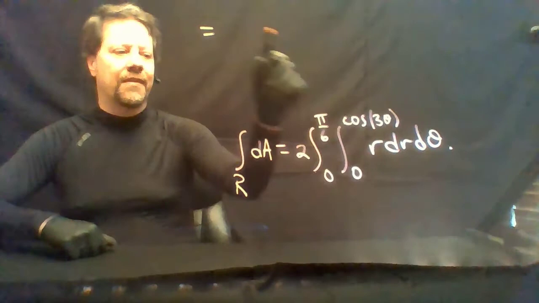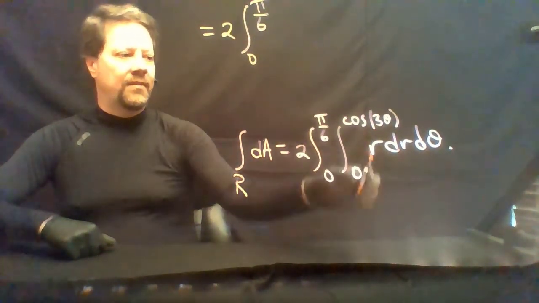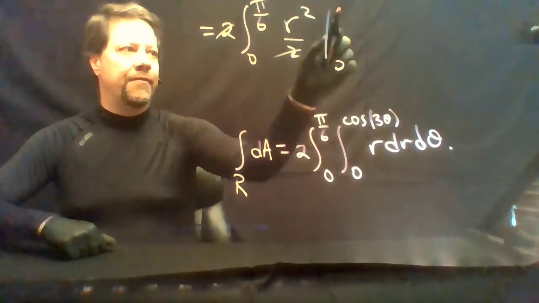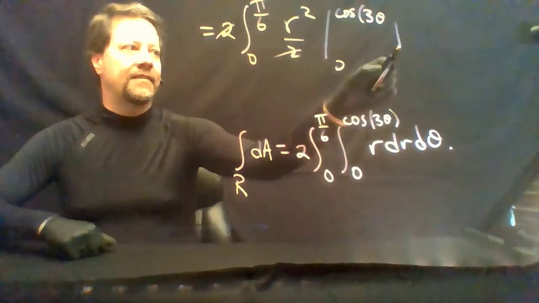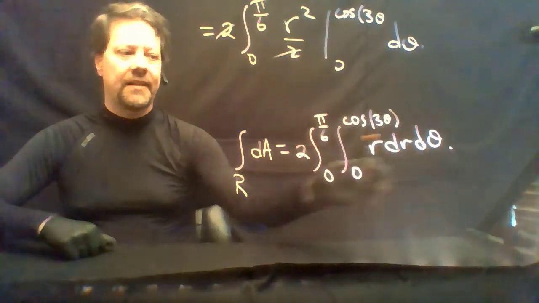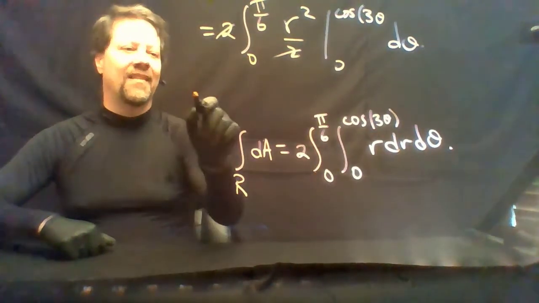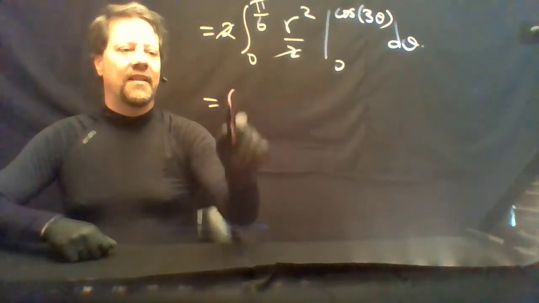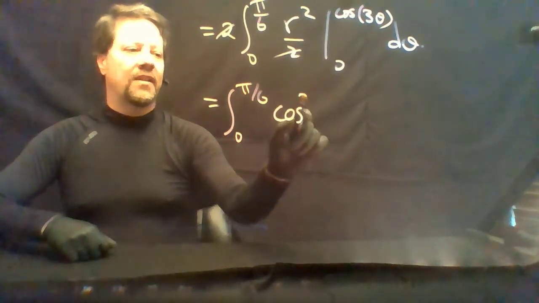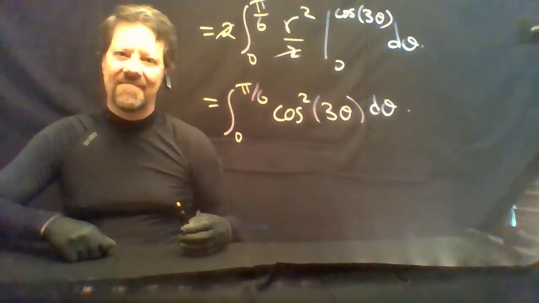Integrating with respect to r first, we'll have r squared over 2, evaluated from 0 to cosine of 3 theta. The dr goes away with the inner integral. The d theta is still associated with the integral, with the theta limits. We have the integral from 0 to pi over 6 of cosine squared 3 theta d theta.